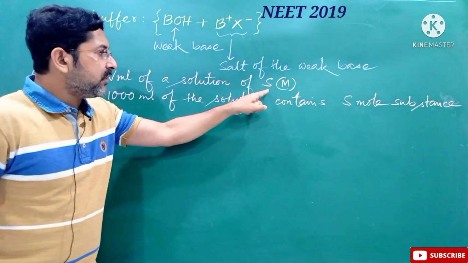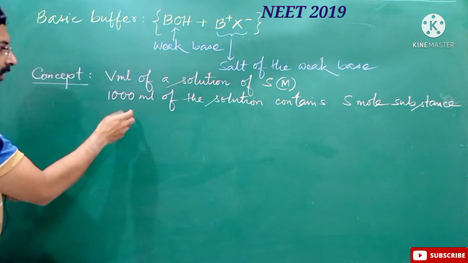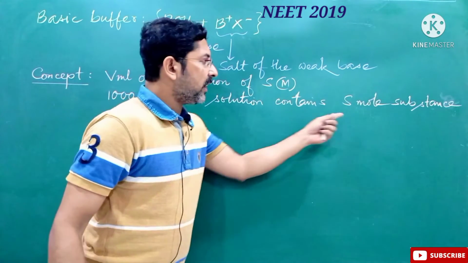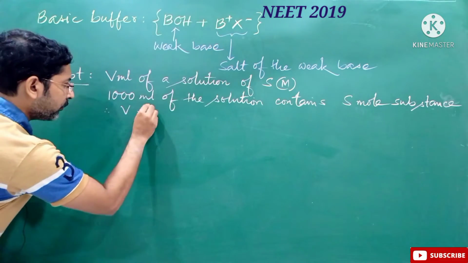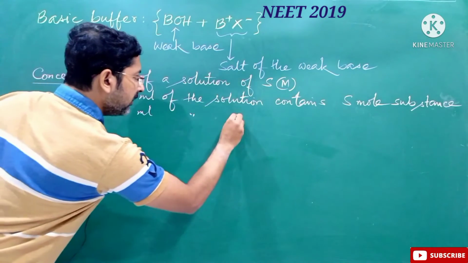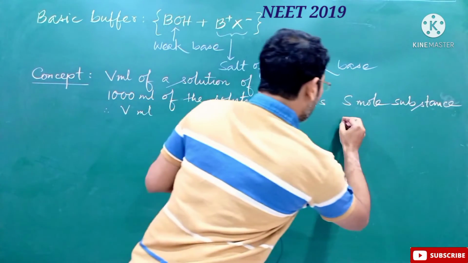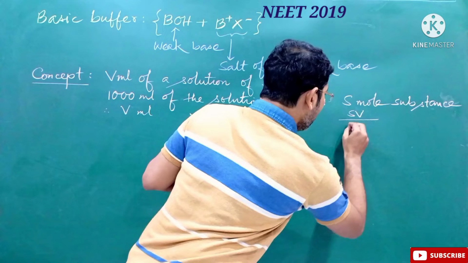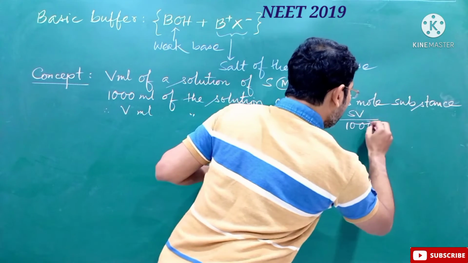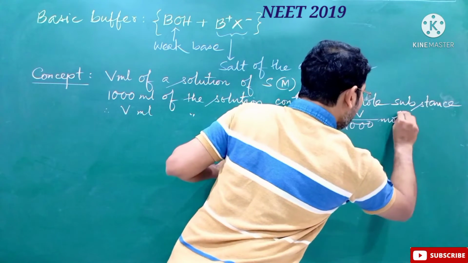This is simply the definition of molarity. 1000 mL of the solution contains S mole of substance. So V mL of the solution contains SV upon 1000 mole of substance, right?